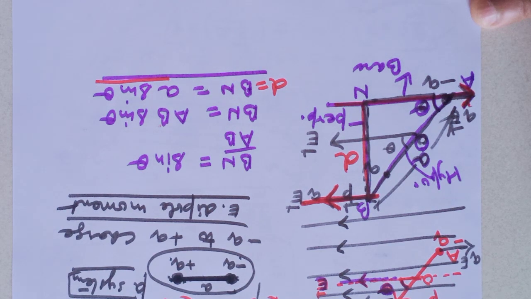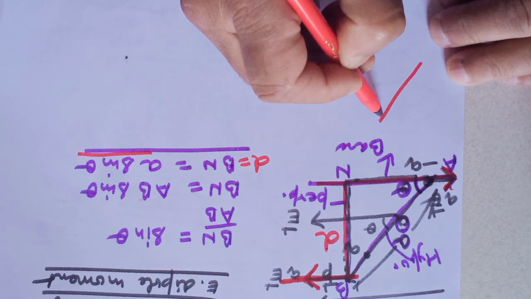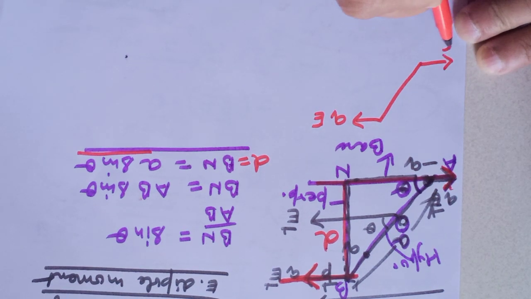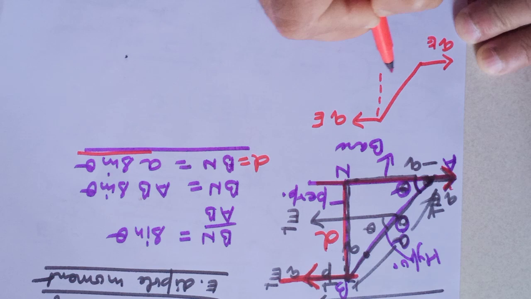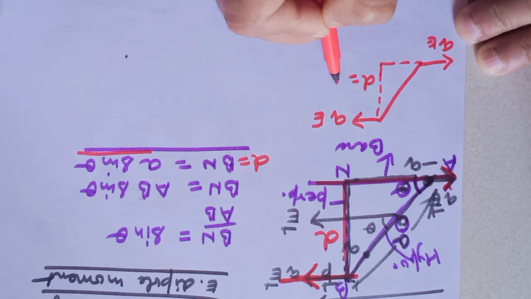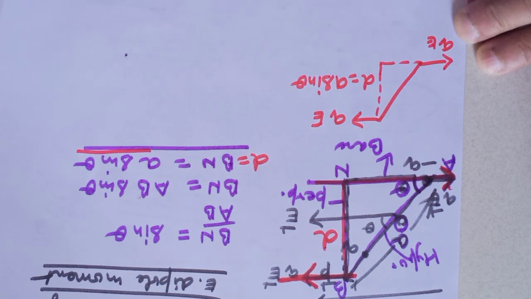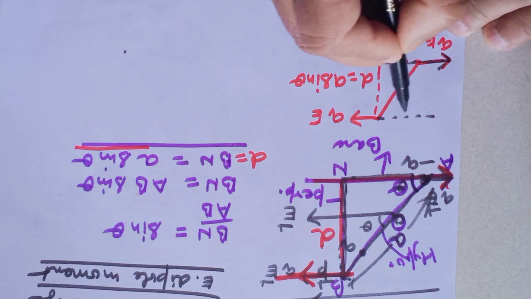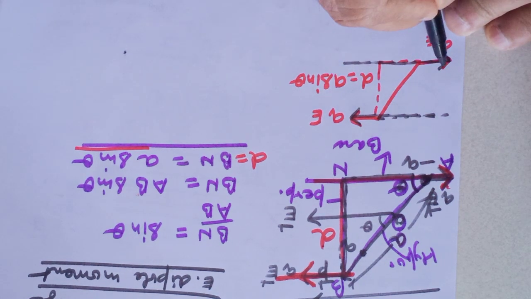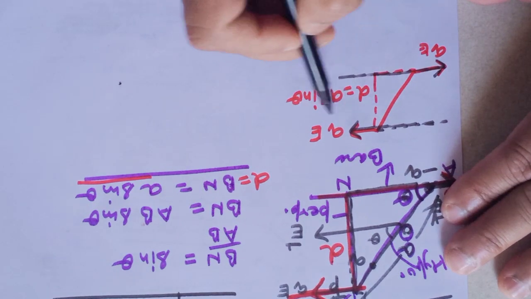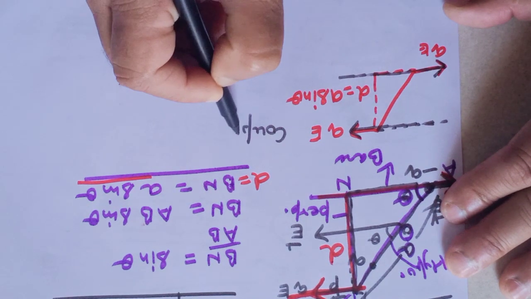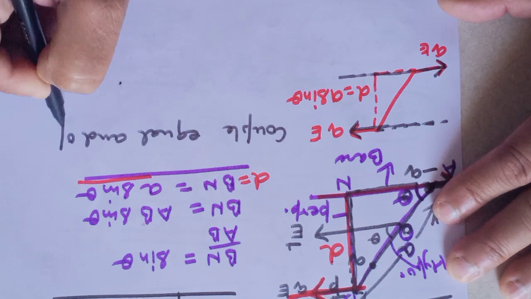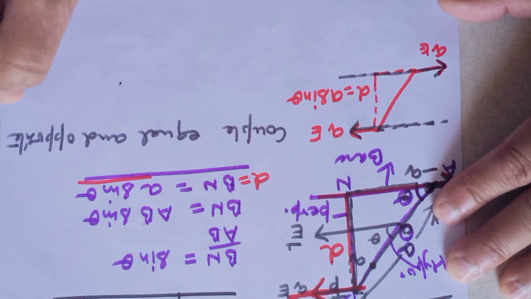Two forces are acting. One is along this direction, qE. One is along this direction, qE. The distance between the lines of action of these two anti-parallel forces, D, is A sine theta. So these two anti-parallel forces will form a couple, equal and opposite forces.